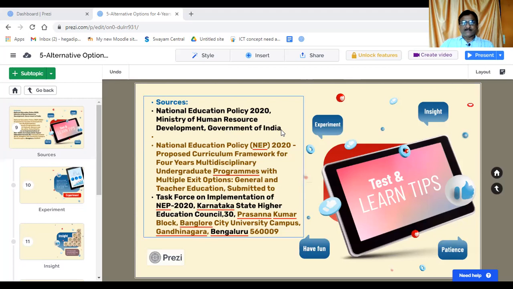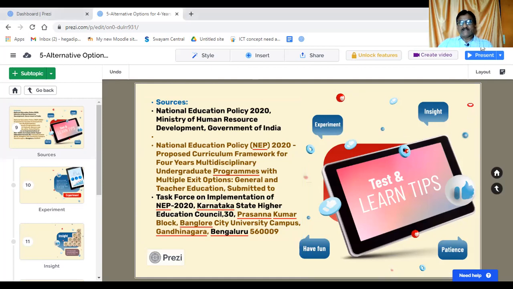Now it is the Ministry of Education. And I'm also thankful to the different committees established by the Karnataka State Higher Education Council, Higher Education Department, Bengaluru, and its task force on implementation of the National Education Policy.